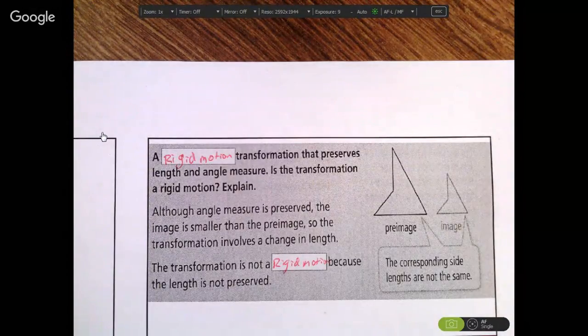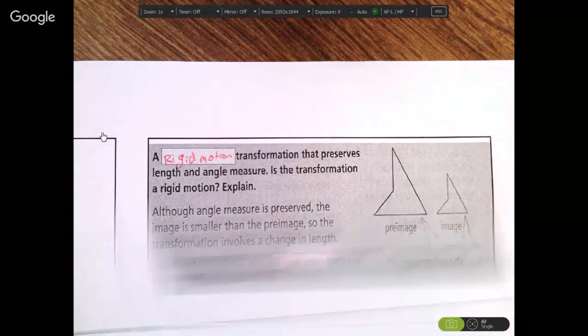Rigor mortis. And what does rigor mortis mean? It means you're frozen, right? And if I move that body that's frozen, no matter where I move it or reflect it or whatever, it's still the same shape, same everything.